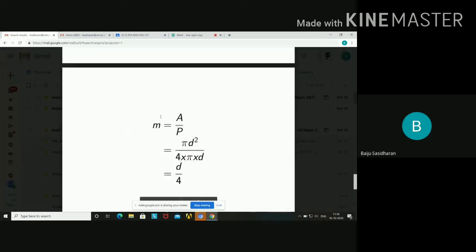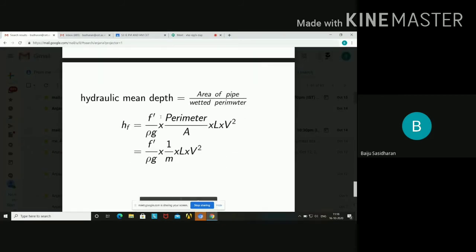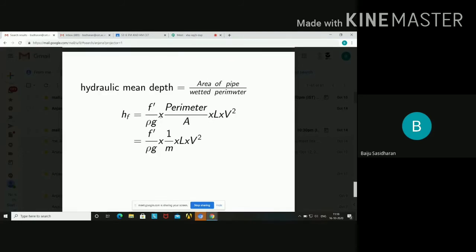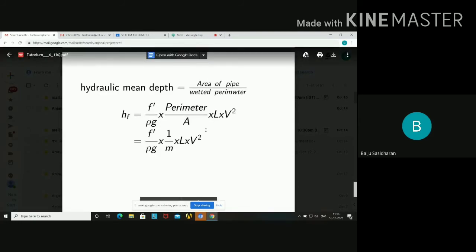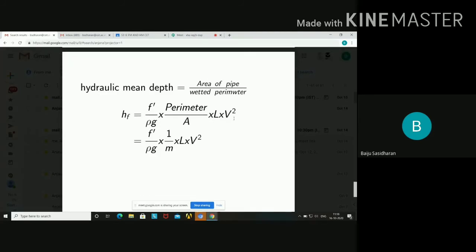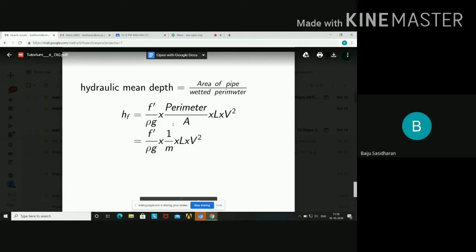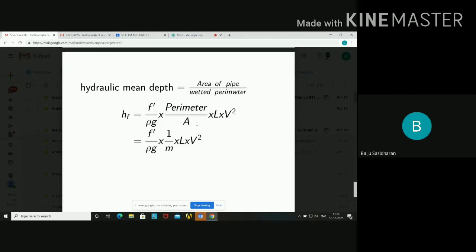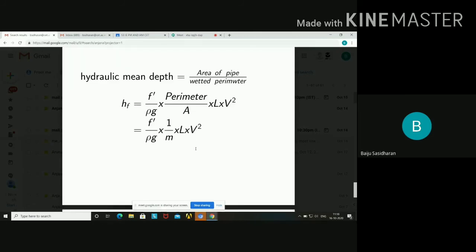Okay, and that will be modified as f dash by rho g into perimeter by A into L into V squared. That is f dash by rho g, and this term is the hydraulic mean depth, that is 1 by m, into L into V squared.